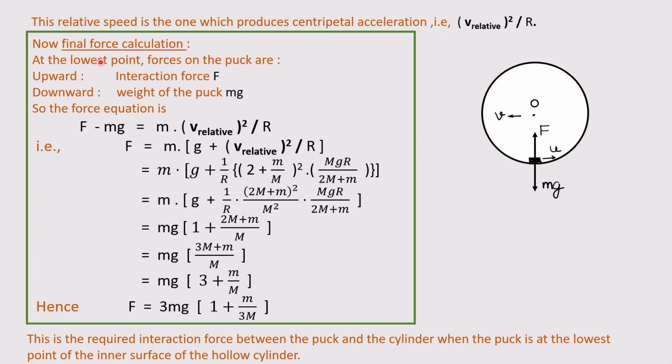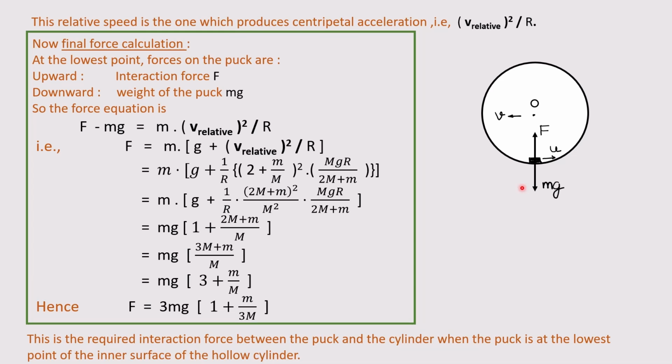Now we come to our final force calculation. As we can see in this picture, at the lowest point the forces on the puck are, in the upward direction, the interaction force or contact force, that is capital F, and in the downward direction, the weight of the puck, that is small m into g.